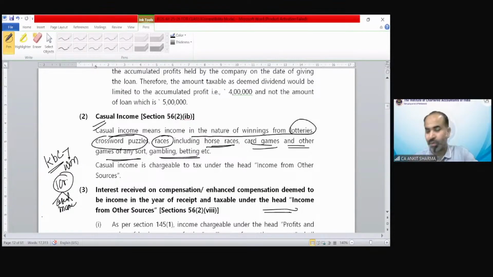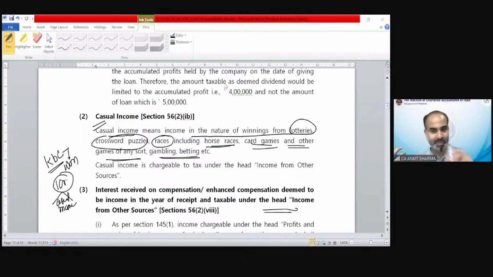Is it casual income or not? If you are saying no, then you have to answer what head of income this income is going to be included under. Nidhi is saying yes, casual income. Anandati is also saying yes, casual income. Does anybody think it's not casual income because it's based upon our knowledge? Nobody is thinking that it is based upon our knowledge. How is it based upon destiny?